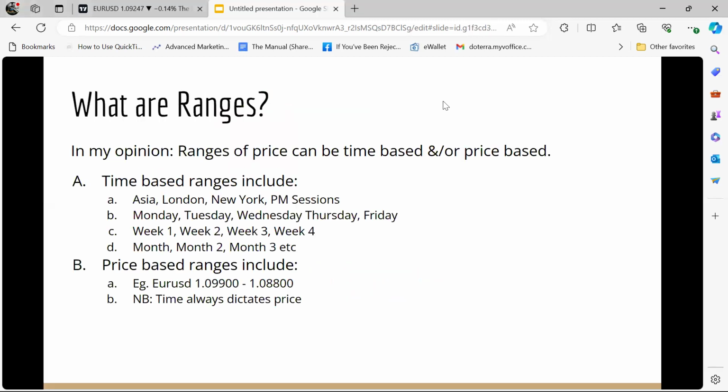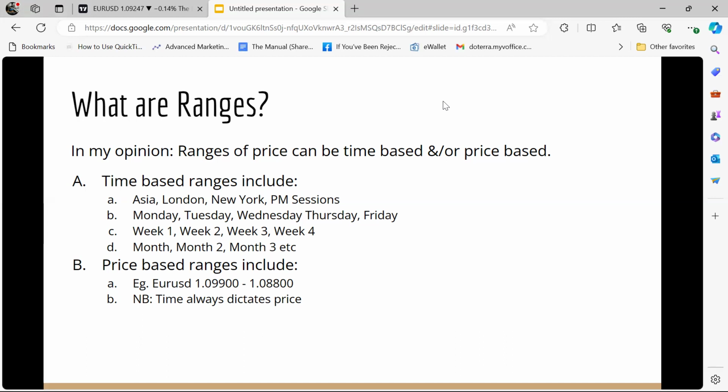So as I said, in my opinion, ranges of price can be time-based or price-based. I've found that time dictates price. So time is the foremost element that we should always be paying attention to.